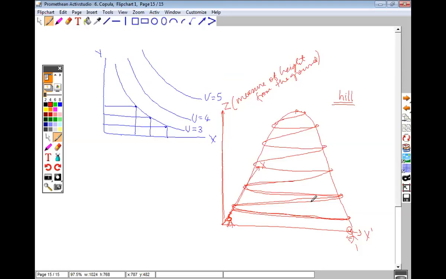Let's say if you are somewhere here, the height from the ground is 3. If you're here, the height from the ground is 4. If you're here, the height from the ground is 5. So this is just a 3D representation of the same thing that I have drawn here. In terms of the hill, you will also have the front side and the back side, right?